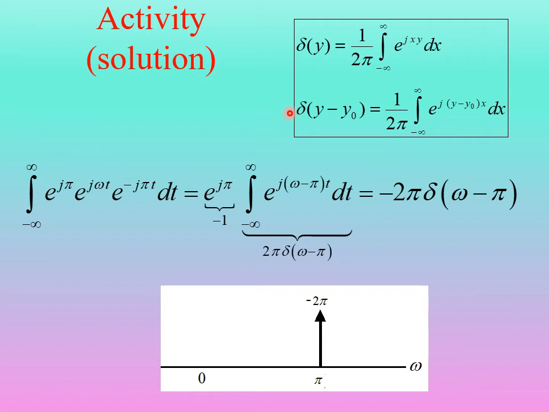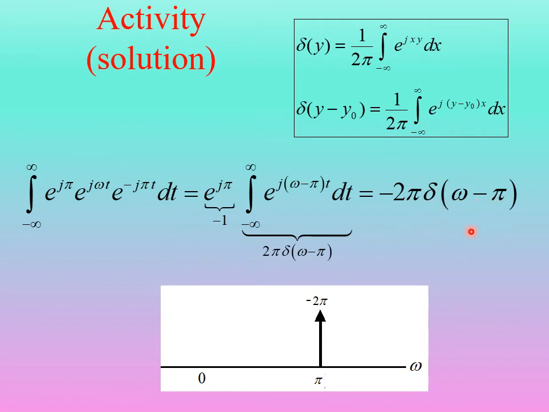So this integral is equal to 2 pi times the delta function of omega minus pi. If you're not sure how I did that, write it out on paper and make those substitutions. It's just comparing this integral to this one and renaming the variables. So I'm left with minus 2 pi times the delta function of omega minus pi.